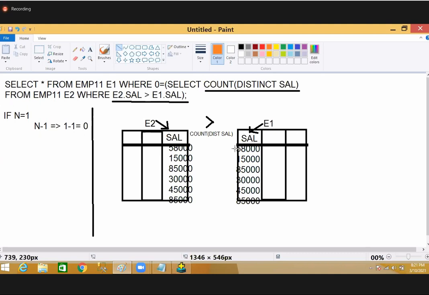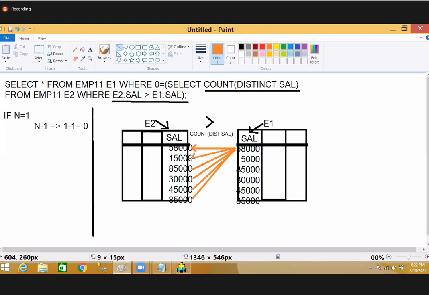Each row in the first table is compared with all values and all rows of the second table. You already know the self join mechanism; the same thing I'm going to follow here. So the comparison will be like this: E1 to E2 comparison.